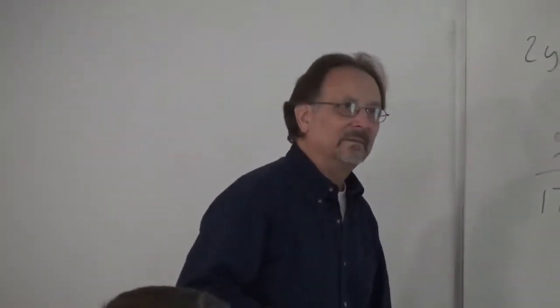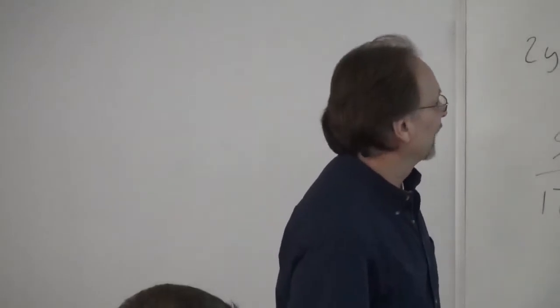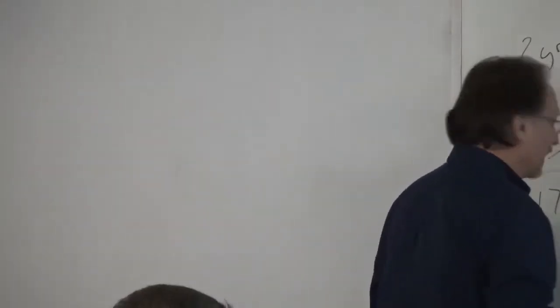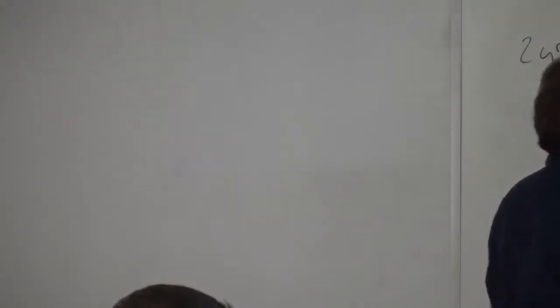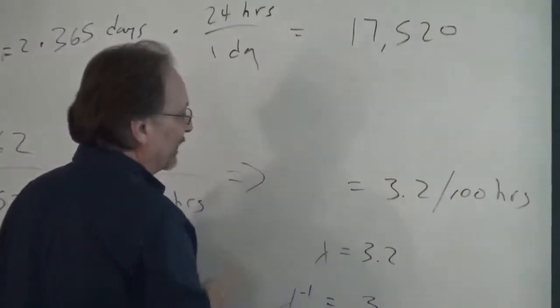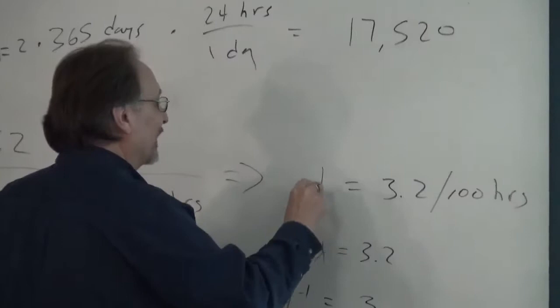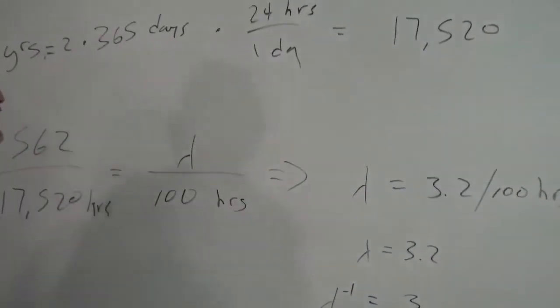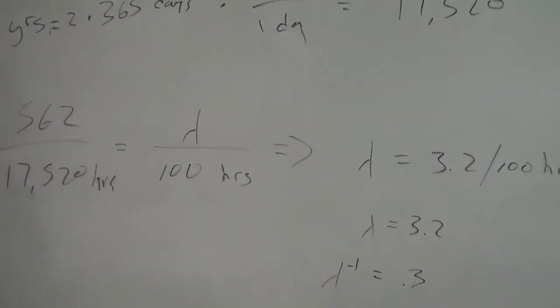Is that lambda over 100 hours? Lambda equals 3.2. It would probably be a lot better for me just to stick with lambda. So take the X away and call it lambda. That's probably better.